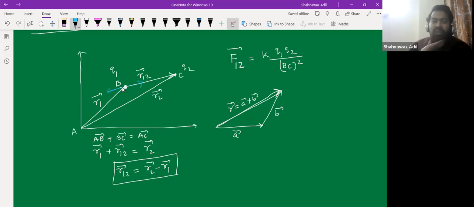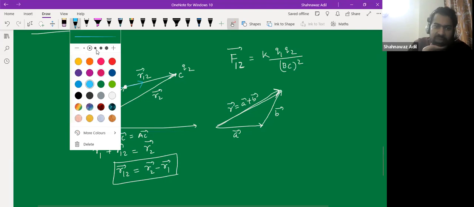This direction is BC hat, this direction is CB hat. On this point, due to this Q2, what would be the direction, guys? BC hat. Mariam is saying BC hat.